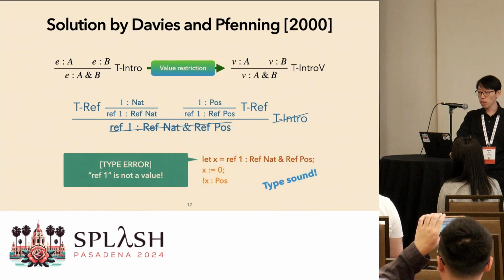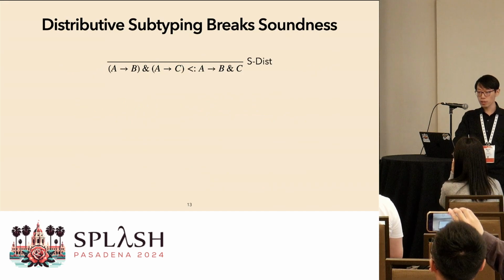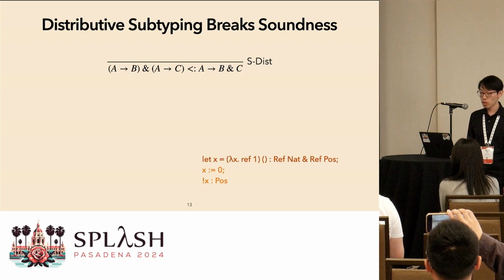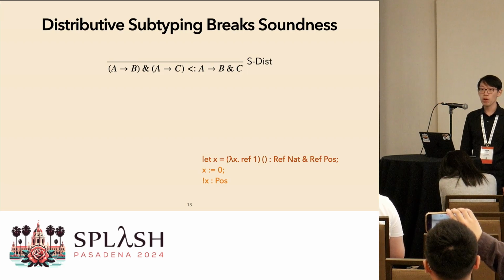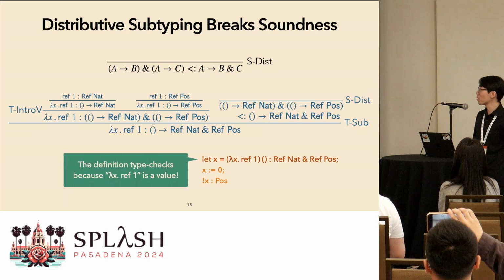Now the system is back to type sound, but distributive subtyping breaks type soundness again. Here, we have an immediately invoked function with a very long derivation.